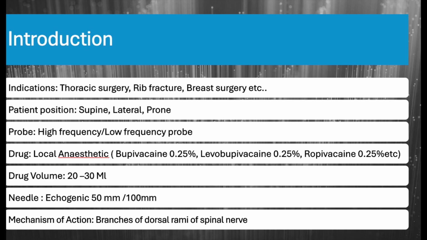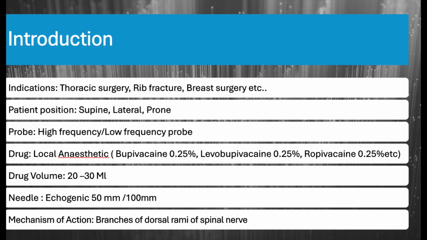But if you are going to perform the ESP block in lateral position, I will advise you to choose the out of plane technique. For the probe, you can choose either a high frequency linear or a low frequency curvilinear probe. At the thoracic level, preferably choose the high frequency linear probe, or at the lumbar region you can choose the low frequency curvilinear probe.